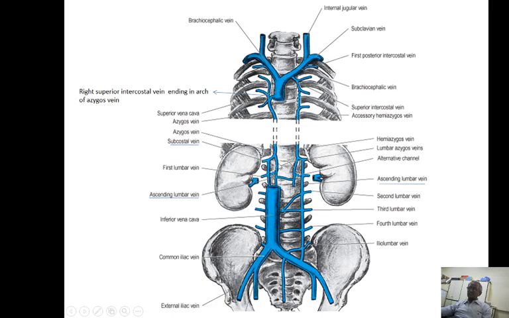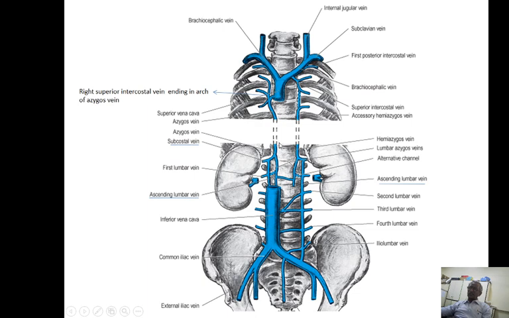This is the lumbar azygos vein, this one is the ascending lumbar vein, and this is the subcostal vein. These two join the lumbar azygos vein, and then they go on into the thorax through the aortic opening.